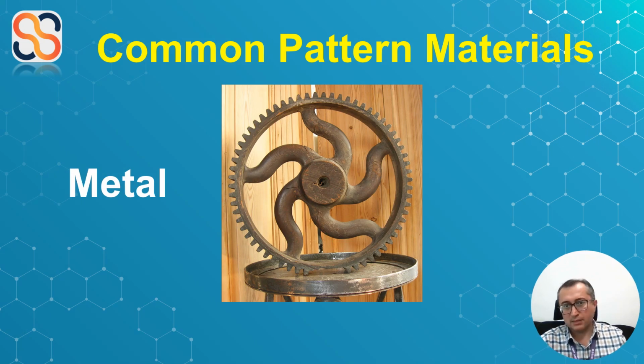How about the metals? Metallic patterns are the go-to choice when you need a large number of castings. Unlike wooden patterns, they are not affected much by moisture, leading to less wear, so they have a longer life. Metal allows for better precision, surface finish, and intricate shapes.